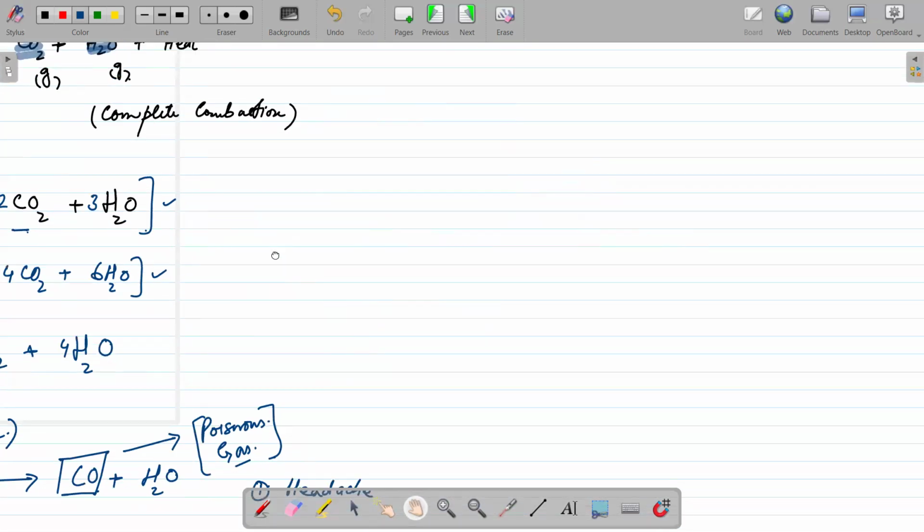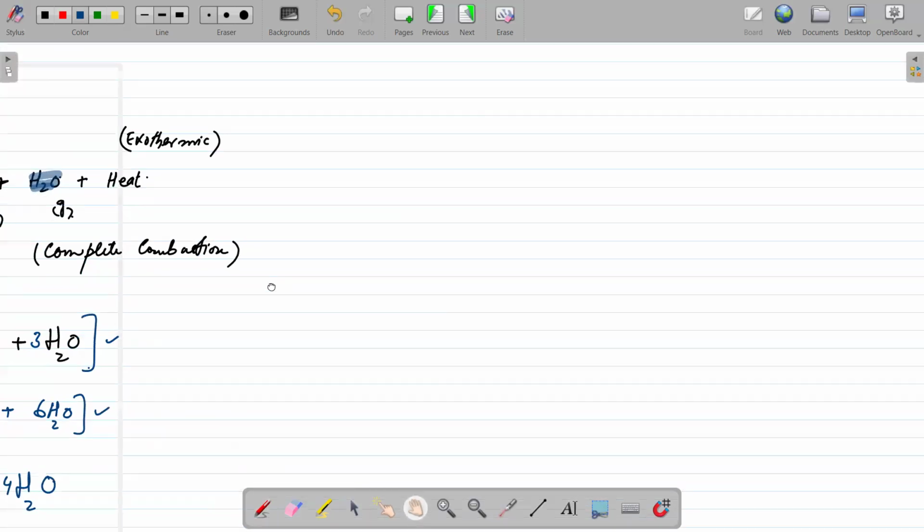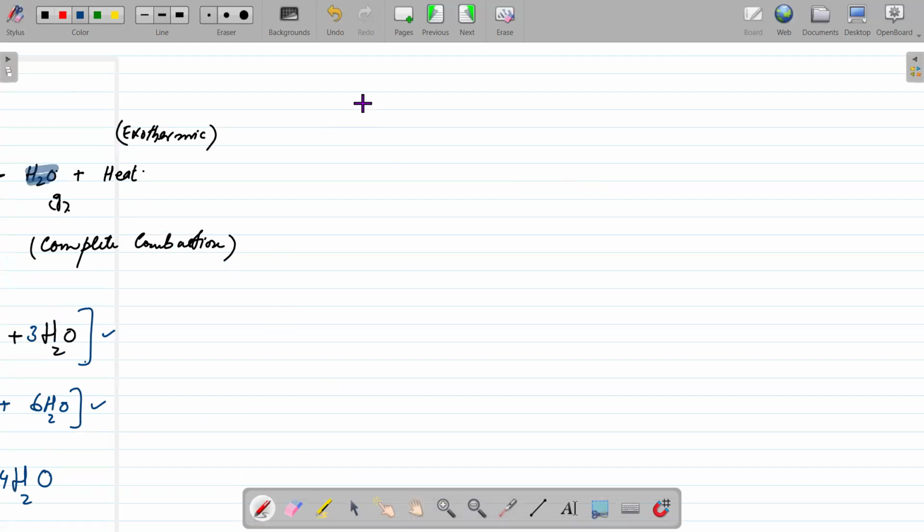And now, the next reaction of these alkanes I'm going to discuss is their substitution reaction. A very important thing which we discussed yesterday about alkanes is that they are saturated compounds.